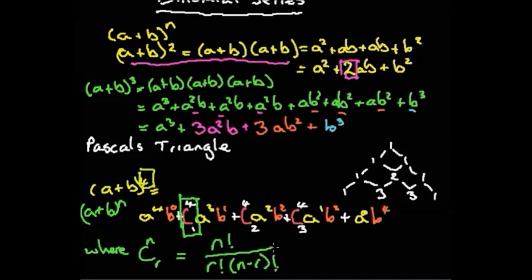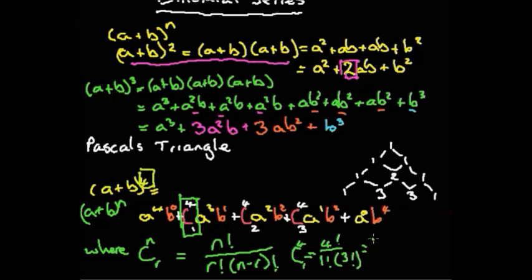Sounds like a lot of factorials there, but I promise you, let's have a quick look at c to the 1, which is what we're looking for over here. That would be equal to 4 factorial over, well, r is 1, so I've got a 1 factorial. N is 4 minus r, which is 1, so that's 3 factorial.